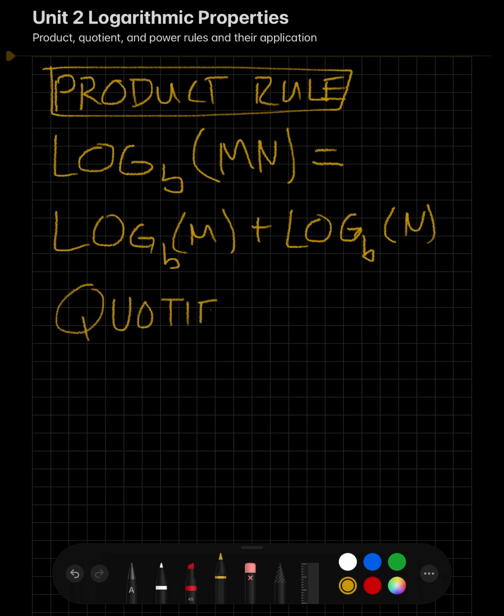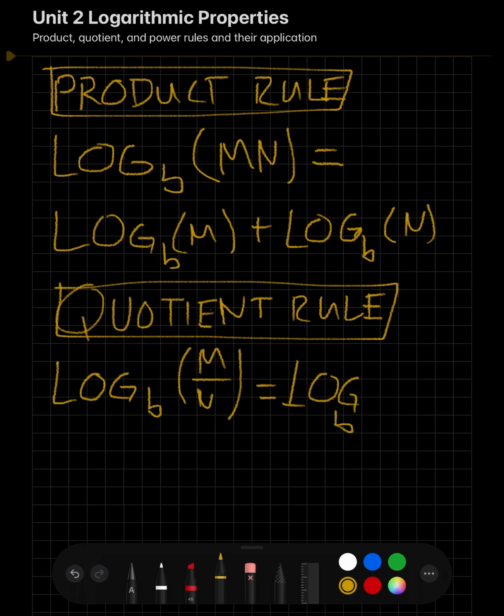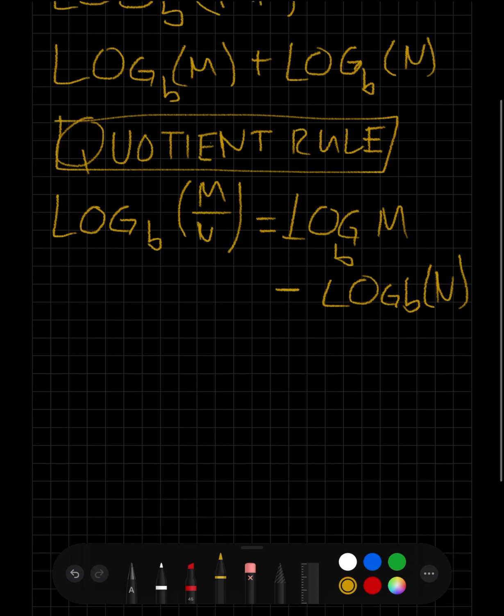We also have what's called the quotient rule, which says that if I take the log base b of a quotient, m divided by n, that's equal to log base b of m subtract log base b of n.